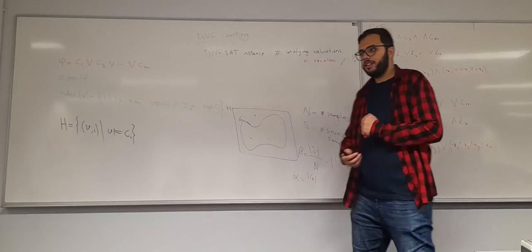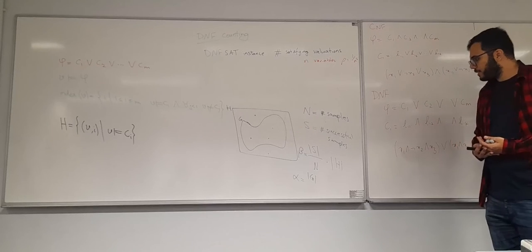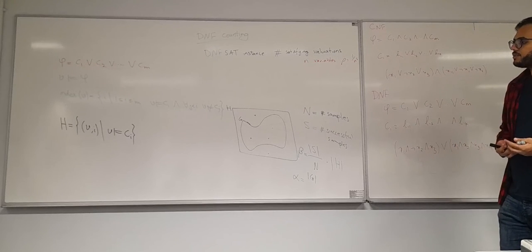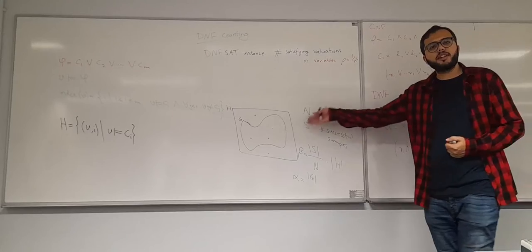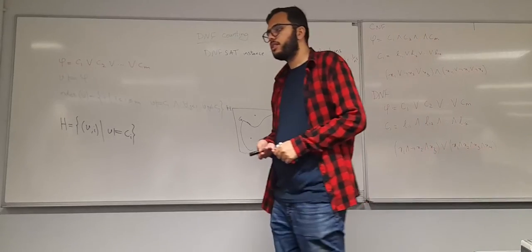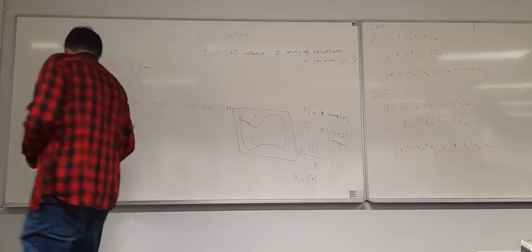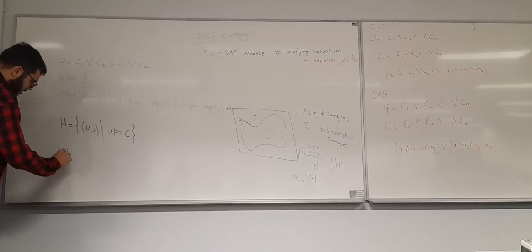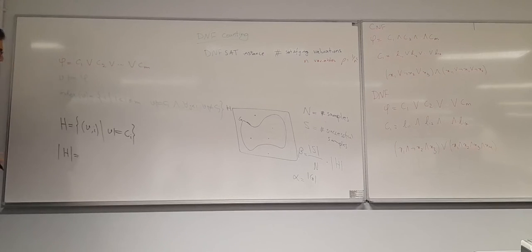Right? So how do I take a sample from H? Well, first of all, in order to take a sample, what is the size of H? So you see, the size of H is just the number of valuations that satisfy C1 plus the number of valuations that satisfy C2, so on.